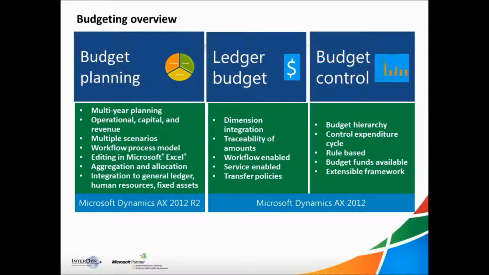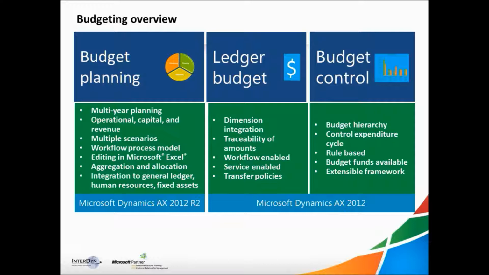So on the left-hand side, it just goes through some of the budget planning. So the budget planning on AX 2012 and R2 was actually enhanced. So in the 2012 version, there was the ability to upload the finished budget and be able to do some transactions and do some control. That has been expanded now, and now what you can do is budget planning. It can be multiple years.